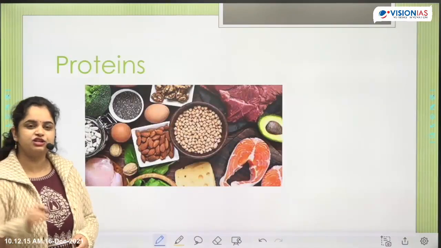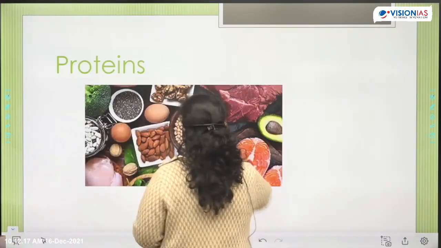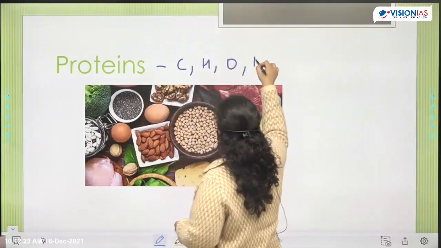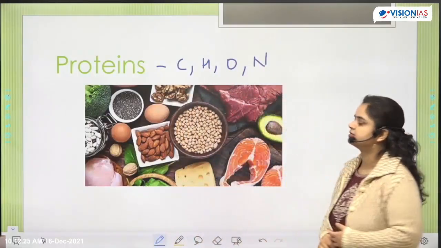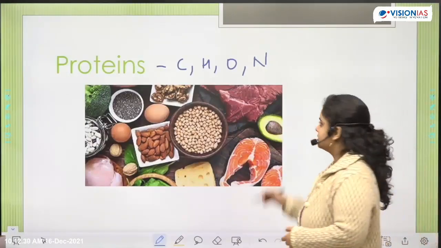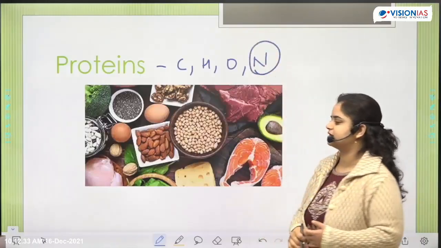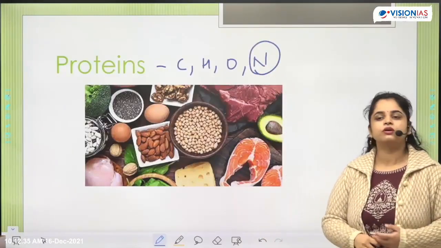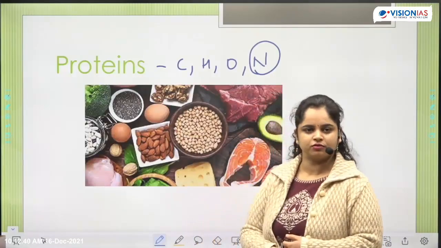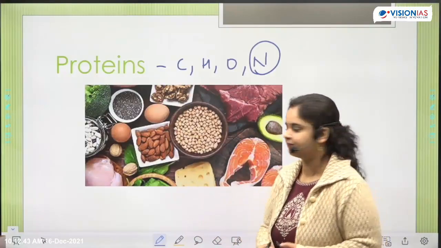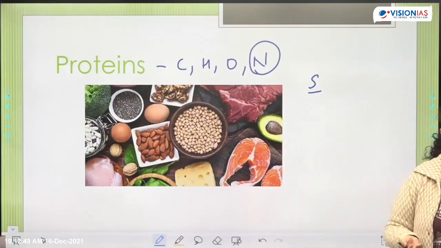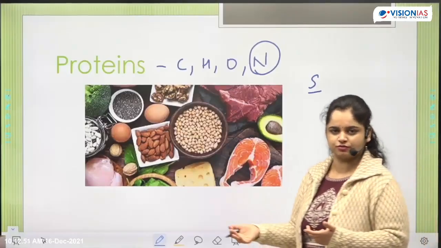The distinguishing point for proteins as compared to carbohydrates is that this is carbon, hydrogen, oxygen and nitrogen. This nitrogen is the special point here. Proteins in all cases will definitely have nitrogen. That is their basic identity. Sometimes proteins can have sulfur also, some proteins, but this is not a definite condition.